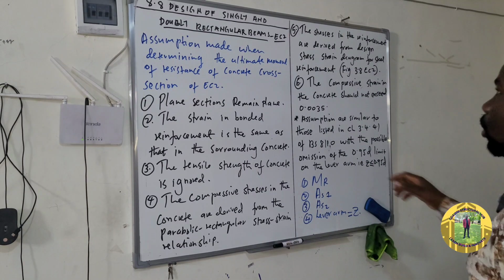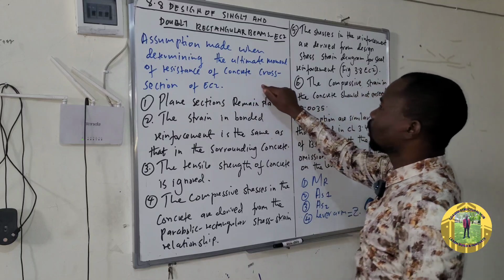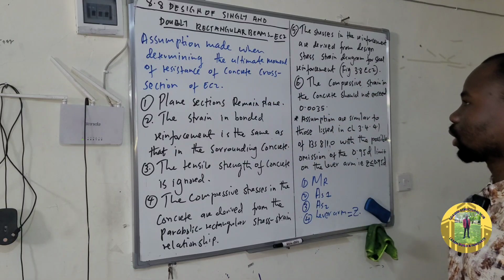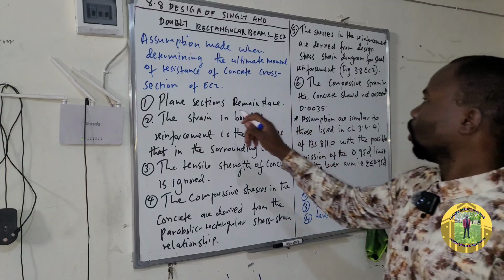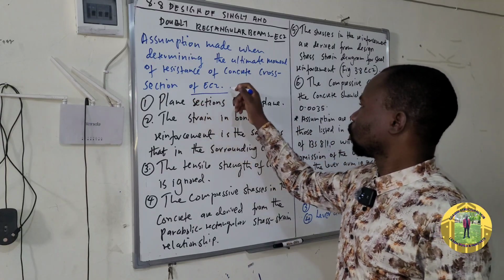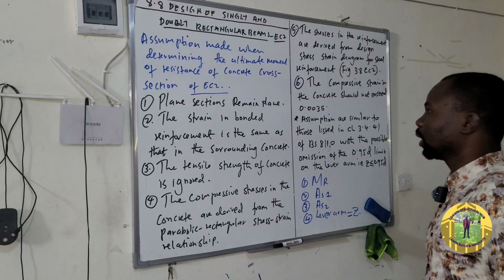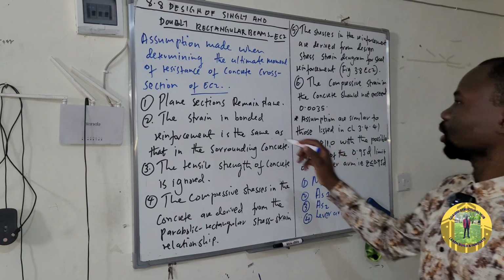So let us begin with the assumptions made when determining the ultimate moment of resistance of a concrete cross-section in Eurocode 2. Assumption #1, plane sections remain plane.